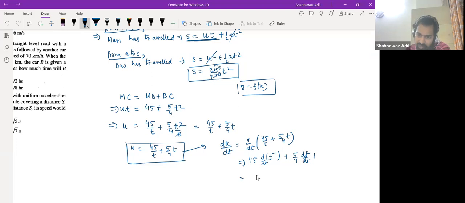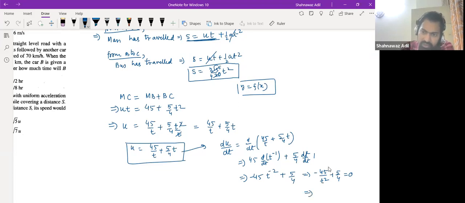So you have 45 times t to the minus 2 with a negative sign plus 5 by 4. So this is minus 45 by t square plus 5 by 4, and this is equal to 0.